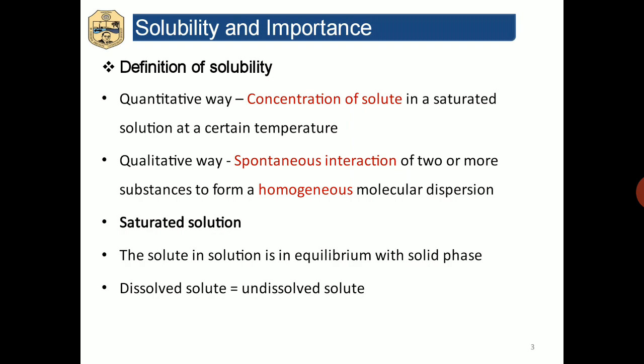In another way, why is there a saturation? Because between the solute which is dissolved and the solute which is undissolved, there is an equilibrium between these two phases. That's why there is a saturation. After saturation, if we add more solute, it will not dissolve into the solvent.